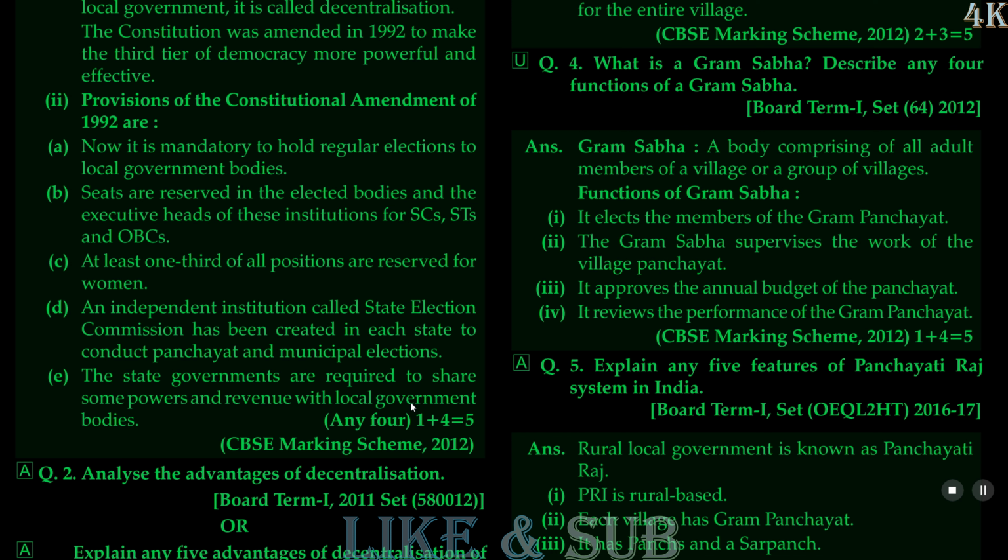B. Seats are reserved in the elected bodies and the executive heads of these institutions for SCs, STs, and OBCs. C. At least 1/3 of all positions are reserved for women. D. An independent institution called the State Election Commission has been created in each state to conduct panchayat and municipal elections. E. The state governments are required to share some powers and revenue with local government bodies.